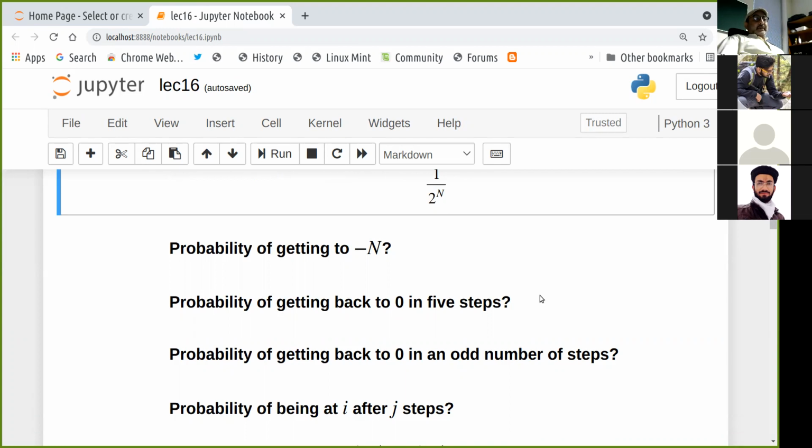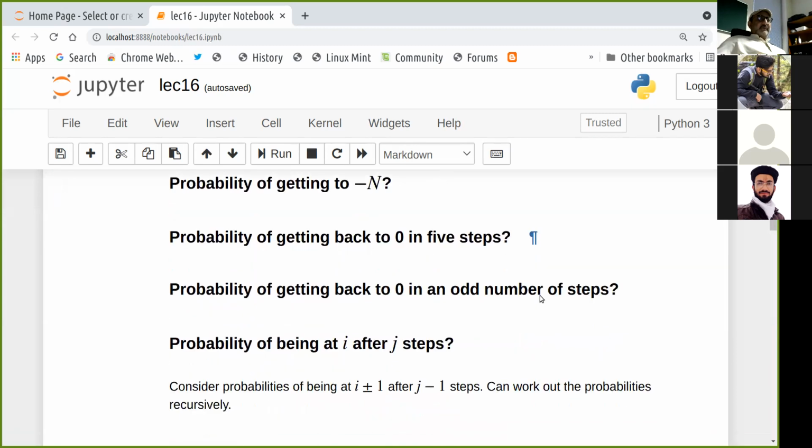What's the probability of being at i after j steps? It takes a bit of thought, but let me suggest how you'd go about thinking about it.